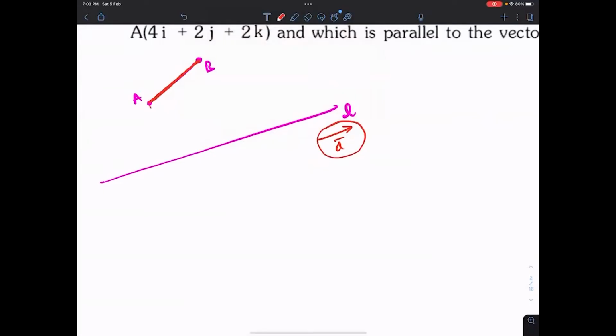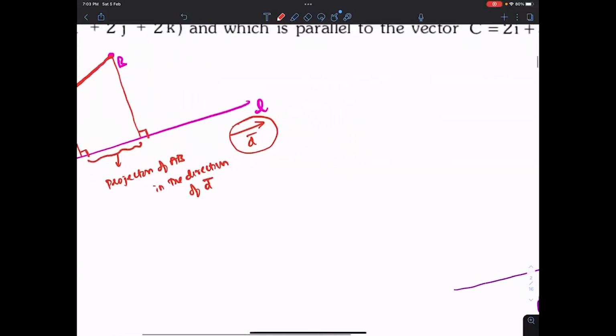Whenever you have that, what you do is you draw a perpendicular from A and a perpendicular from B. Then this length, whichever is there, that is called the projection of AB in the direction of D bar. You all know the formula, na?